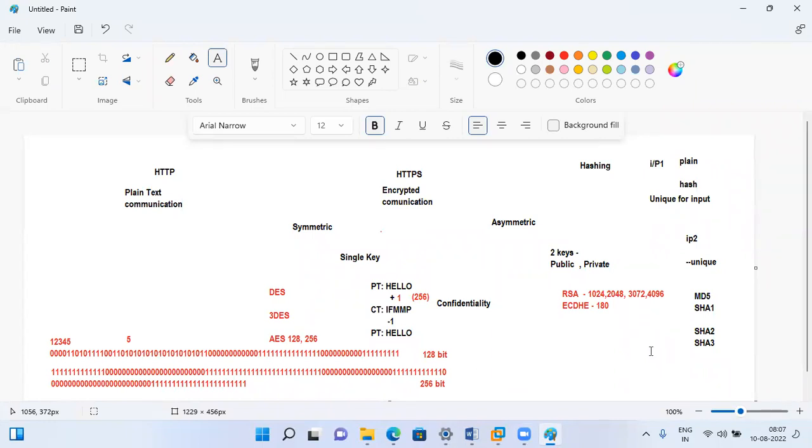How do you convert plain text to hash? Let us do it with some examples.